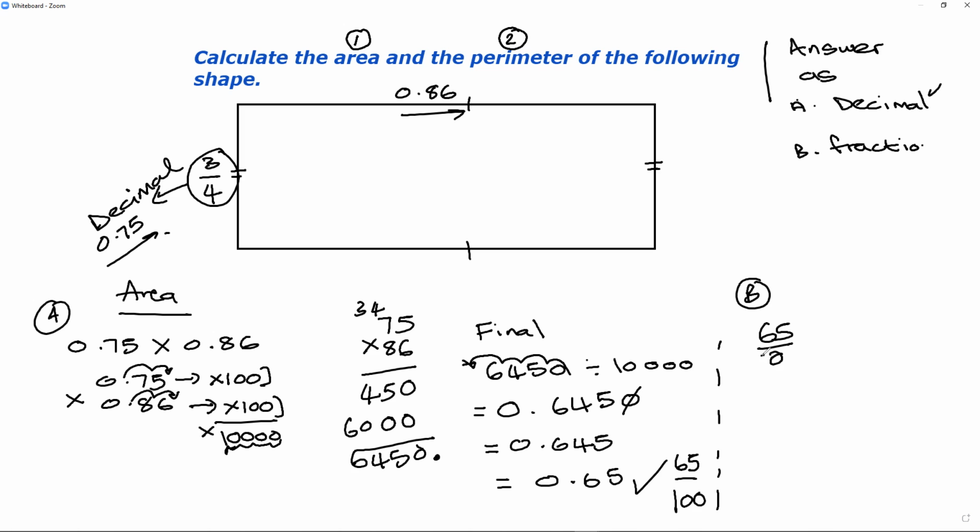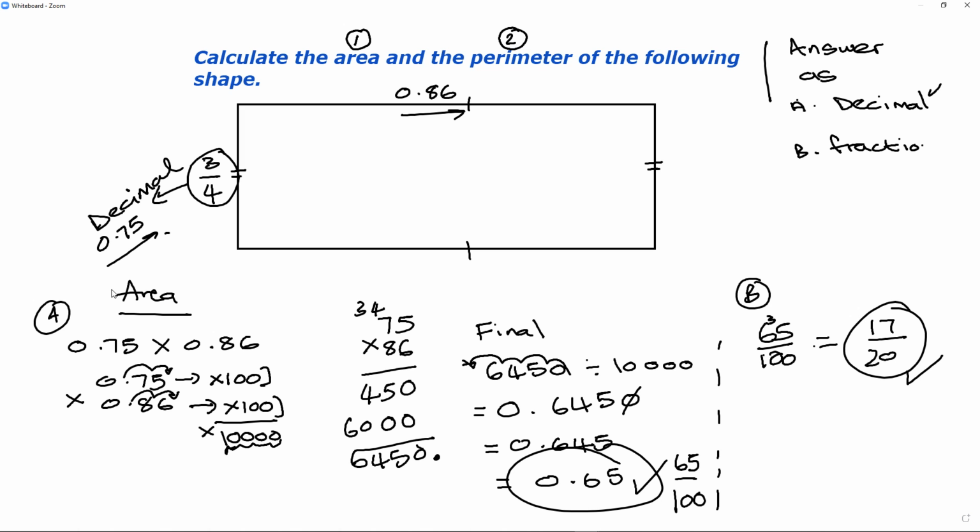Let's divide 65 by 5. 5 goes into 6 once, remainder 3. 5 goes into 35 7 times, so 17. 5 goes into 100 20 times, and that's my fraction. I've now calculated the area as a simplified fraction and as a decimal. Okay. Any questions there? You guys good? I'll give you a second to write it down if you need to, and then we'll go through the perimeter.